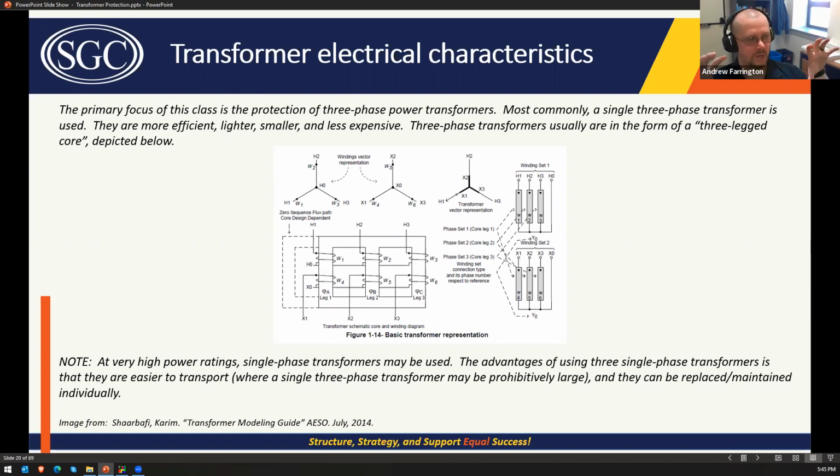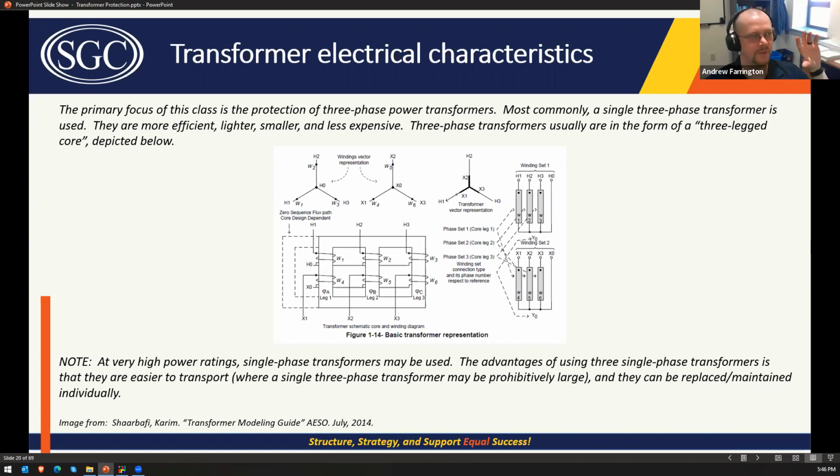One, you build it and then you have to get it to the site, right? You can imagine that if you take three 1.2 gigawatt transformers, or a third of that, 400 MVA transformers, and you have to put them on a train or a barge, and then ship it over the road to get it to a site. Those are big units, so you may get up to a certain size where you can't physically transport the transformer if it's all contained in the same tank.